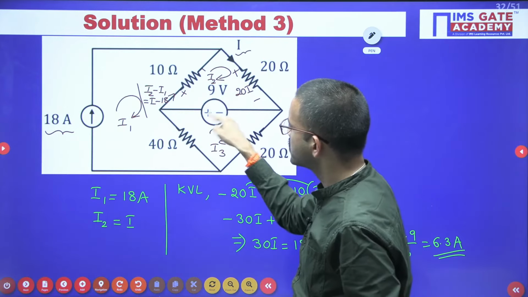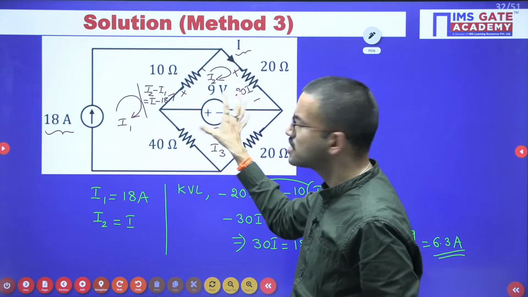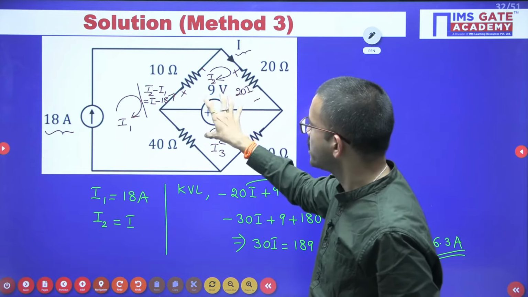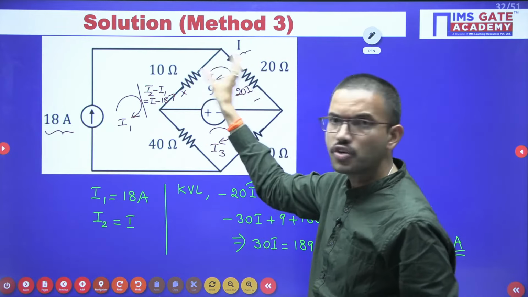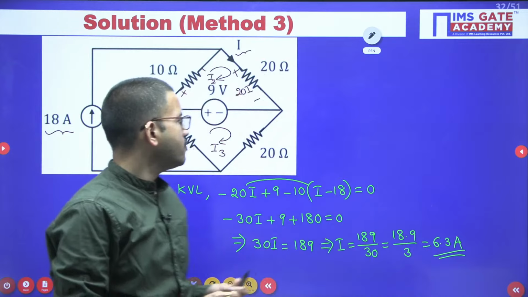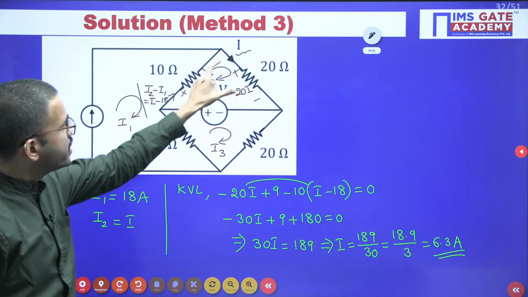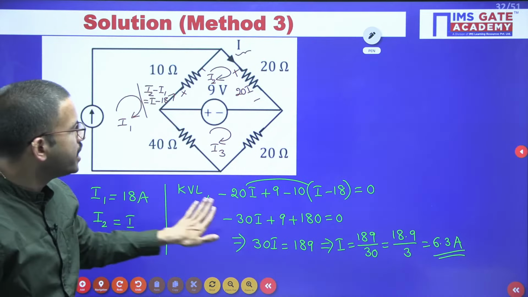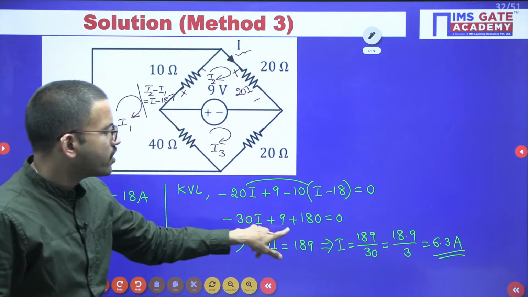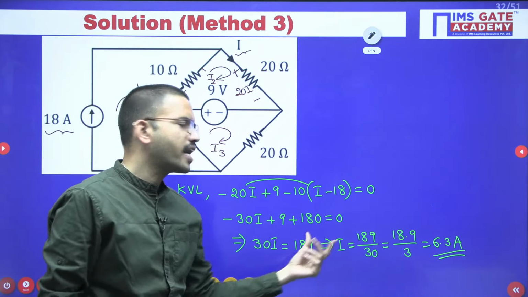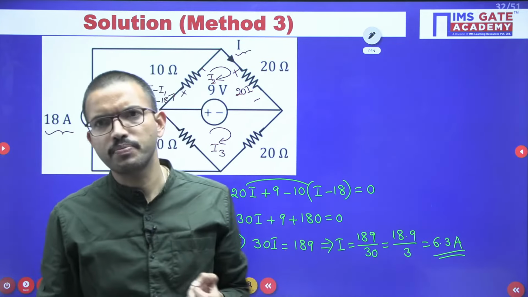Whereas here, the second terminal is positive, so this is the supply. So this voltage should be equal to the sum of these two voltage drops. So the moment you analyze like this, here 20I plus 10I, that means 30I, and then here you are getting 189. So you can do this simple calculation without using pen and paper.